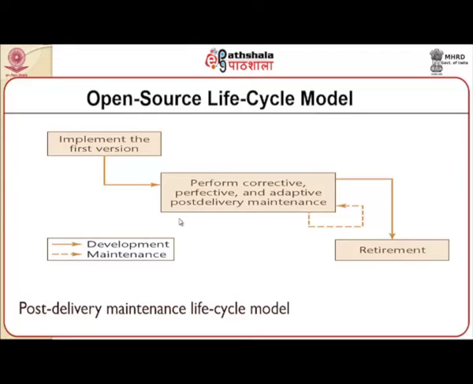We will develop an open source lifecycle model, which is something like the code and fix model where we have implemented the first version, but then we concentrate more on the maintenance phase of it. Since we are talking more of the maintenance, we call this model a post delivery maintenance lifecycle model apart from the open source lifecycle model.